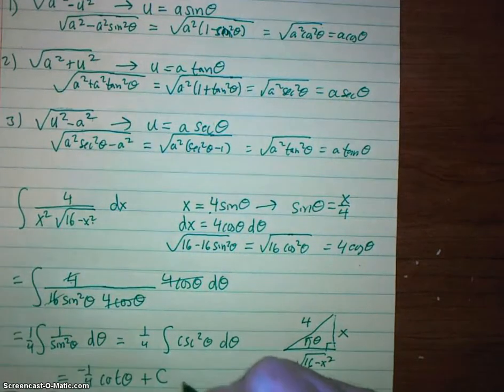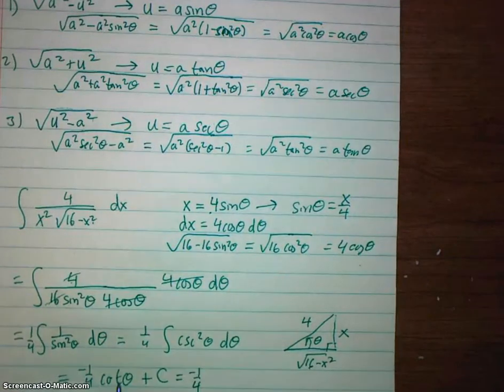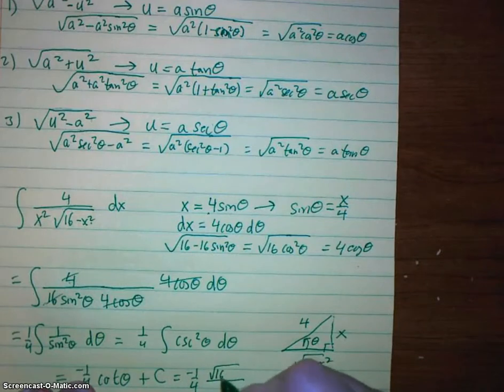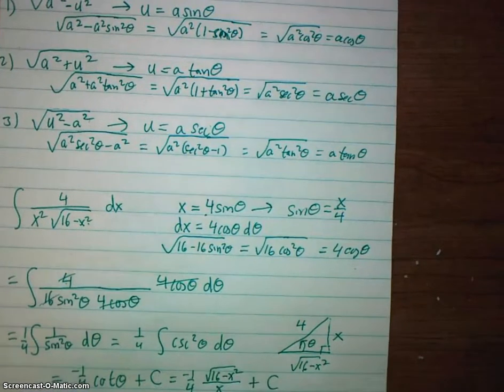So, final answer is negative 1/4. Looking at my triangle, cotangent is adjacent over opposite. So that's times square root of 16 minus x squared over x plus c.